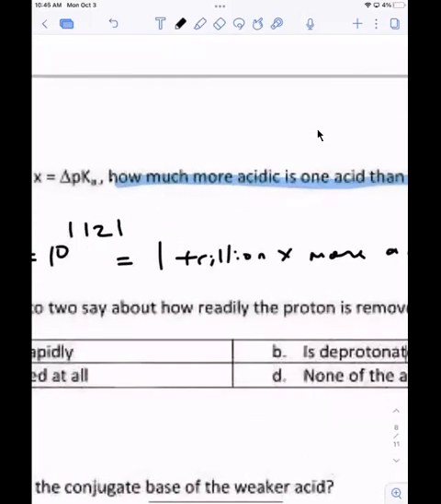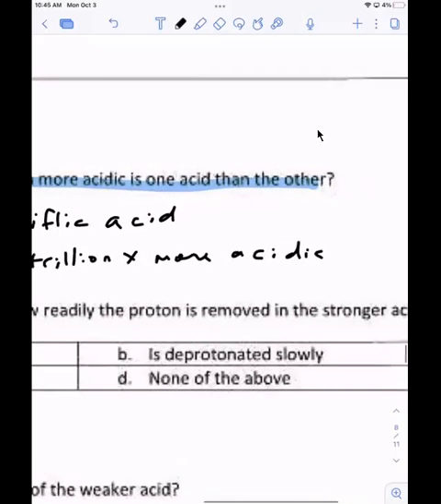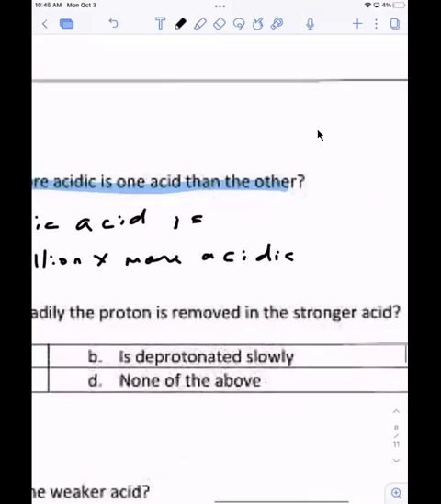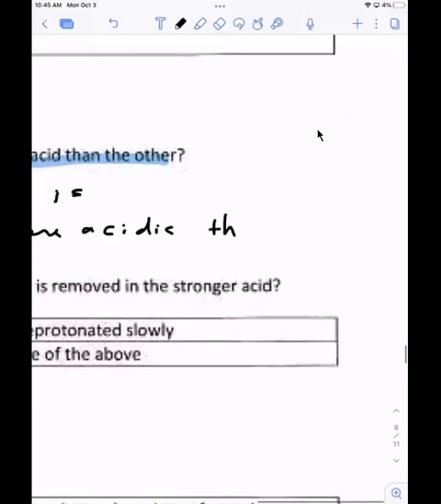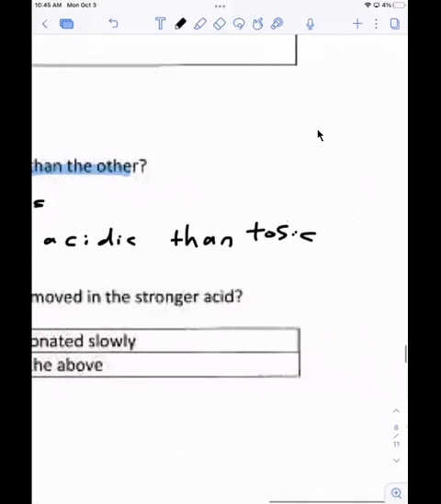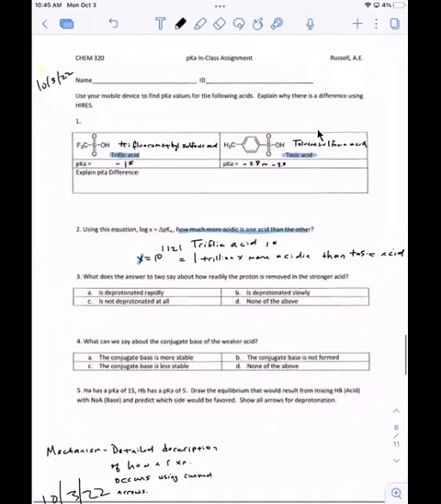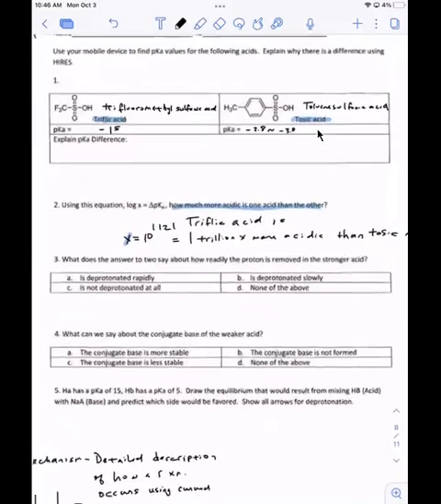So we're going to say that triflic acid is a trillion times more acidic than tosic acid. That's crazy, right? When we see these numbers, they don't seem to mean a lot to us, but they actually mean a lot on the molecular level. Let's go to the next question.